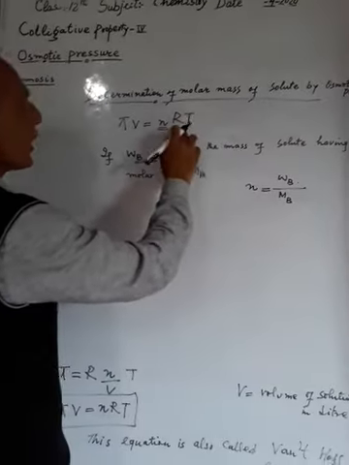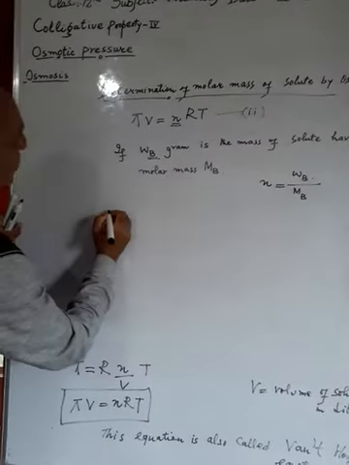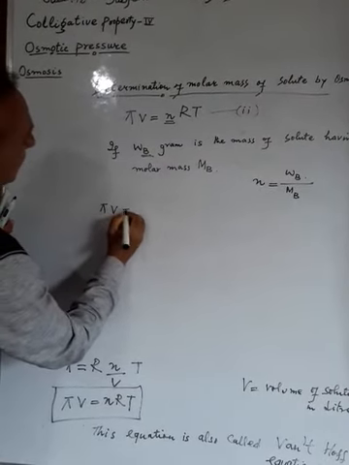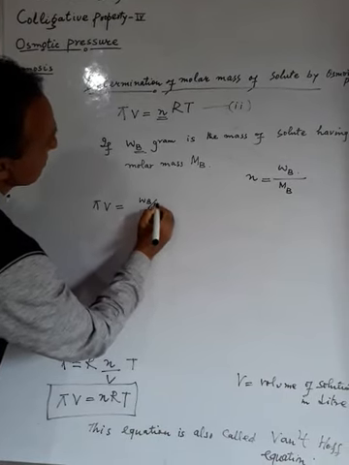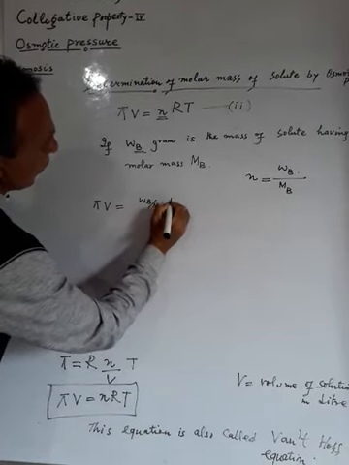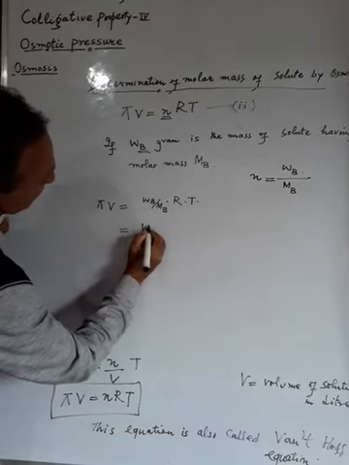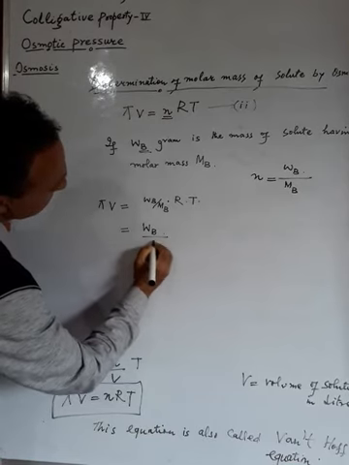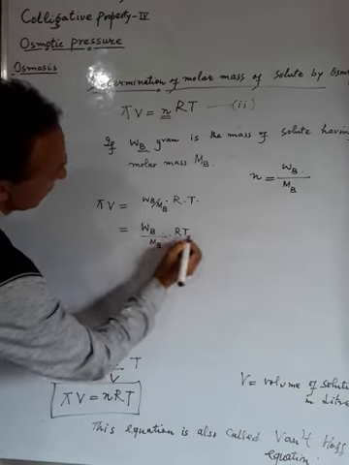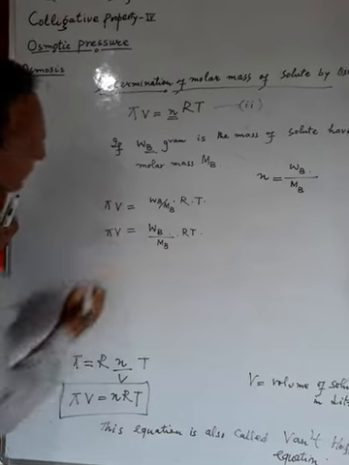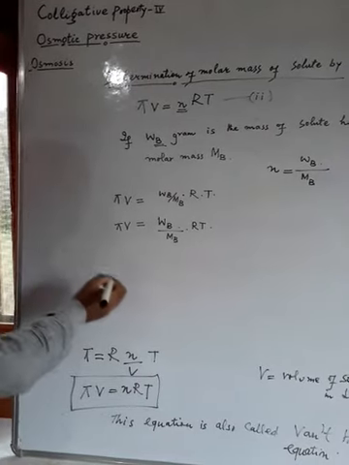Again we will substitute N in the second equation. We will get pi V is equal to WB by MB into RT. So this is WB by MB into RT is equal to pi V. Now we have to calculate the molar mass of the non-volatile solute.